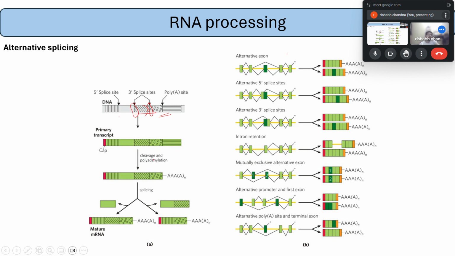Generally, splicing is not observed in prokaryotic organisms, because it is an energy consuming process and prokaryotic organisms cannot spend too much energy on these processes. So they have a much simpler system. That is why the operon concept came, that different genes involved in a similar process are linked to only one promoter.